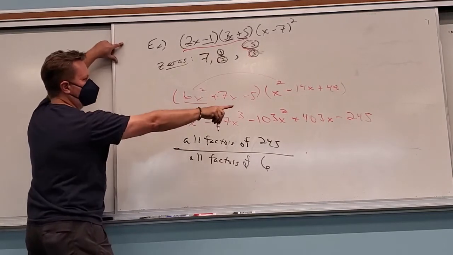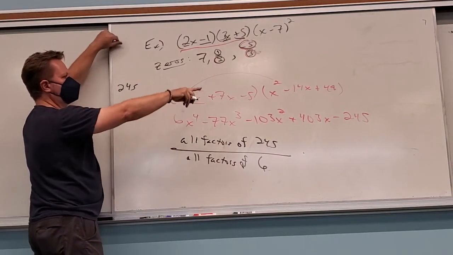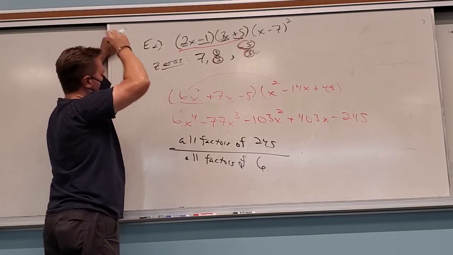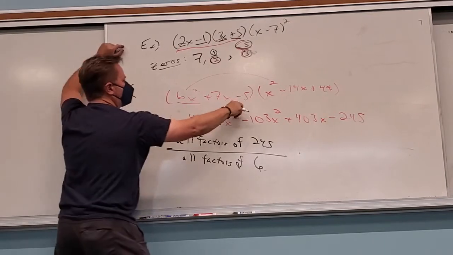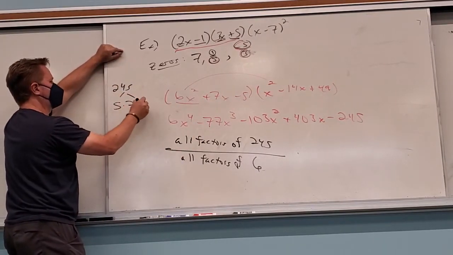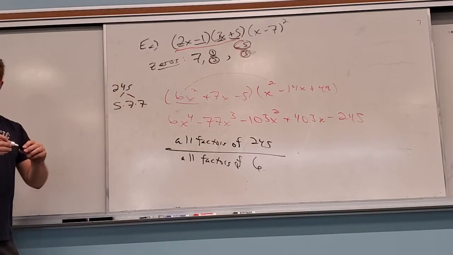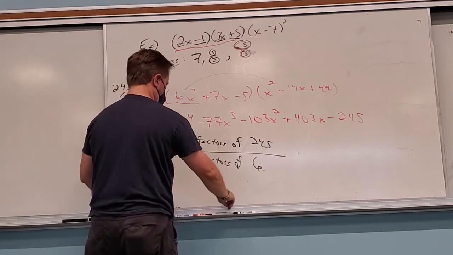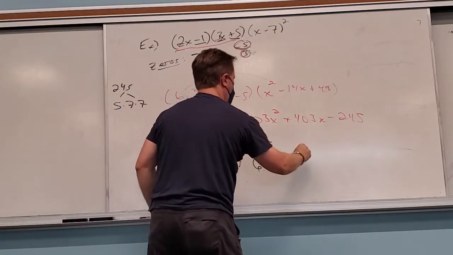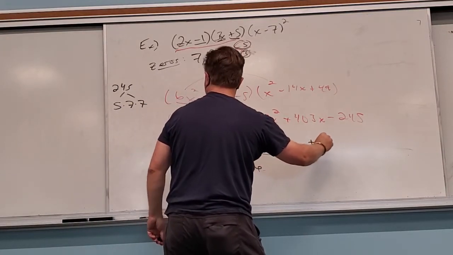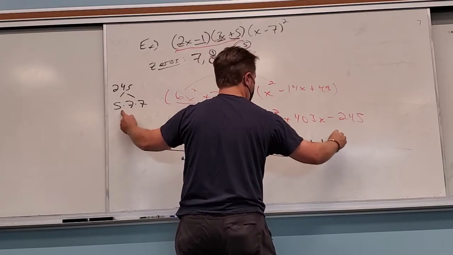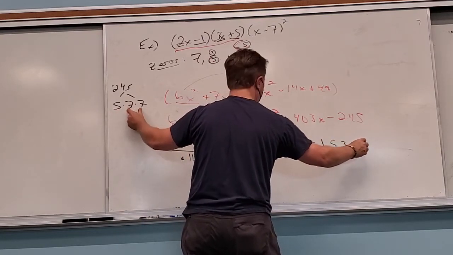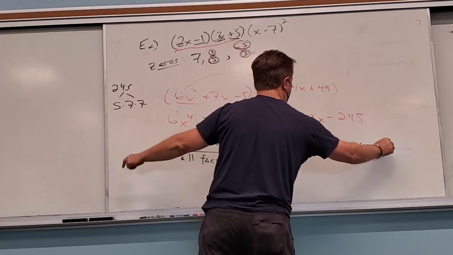Now, man. So 245, is that correct? Let me see. 250. Yeah. Okay. 245 came from 5 times 49, right? So it's 5 times 7 times 7. Is that cool? You guys with me? Yes? I think? Yes. Okay. So the factors of 245 would be plus or minus 1, 5, 35, 49, 245.